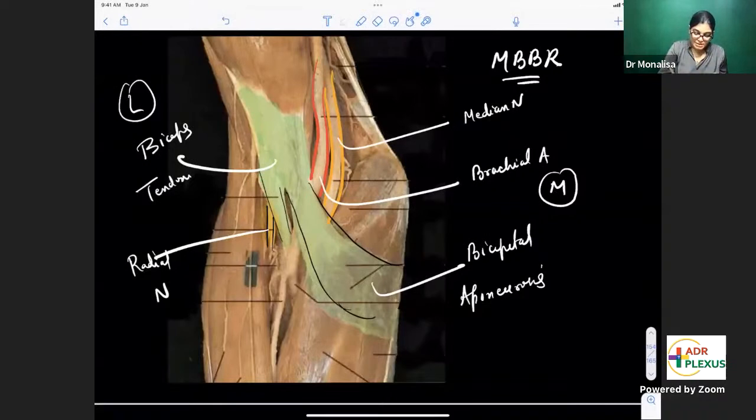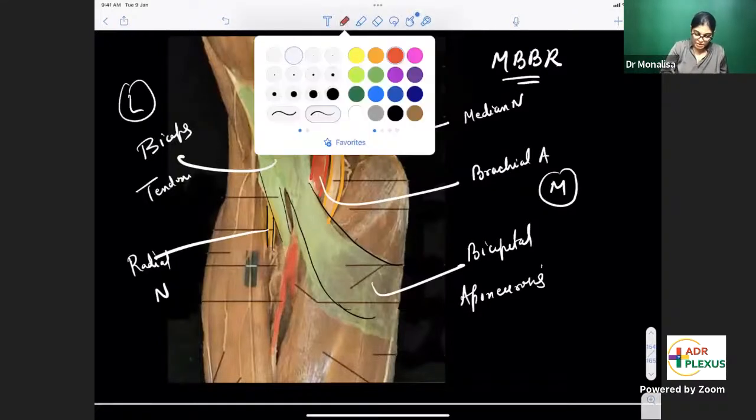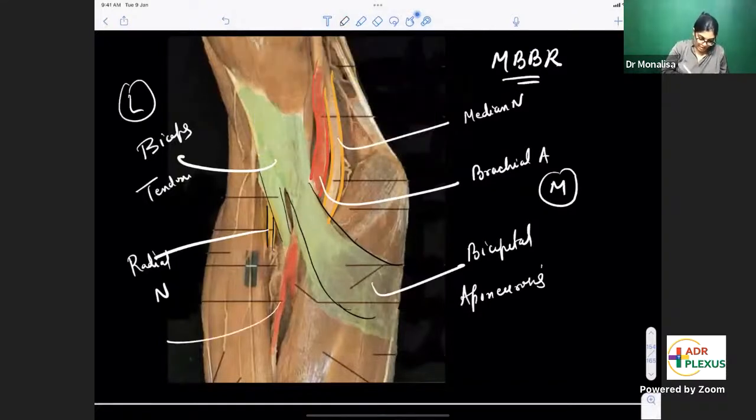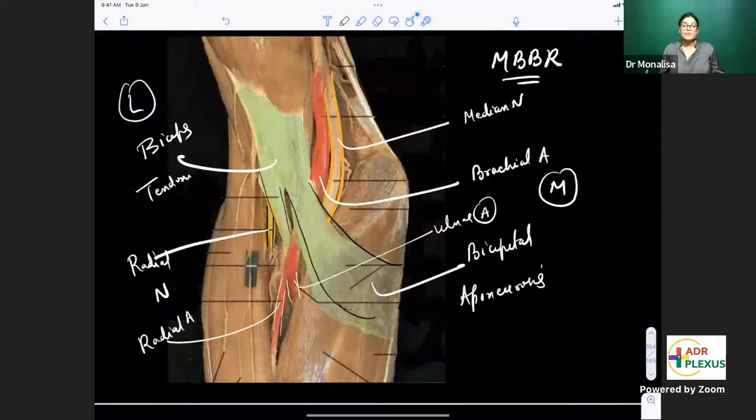Definitely. Also in this diagram, if you see nicely, this is the brachial artery and it is dividing into two terminal branches. The one which is going medially will be the ulnar artery and the one which is going laterally will be the radial artery, dividing at the level of the neck of radius.